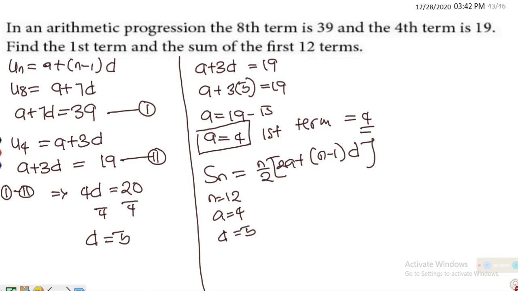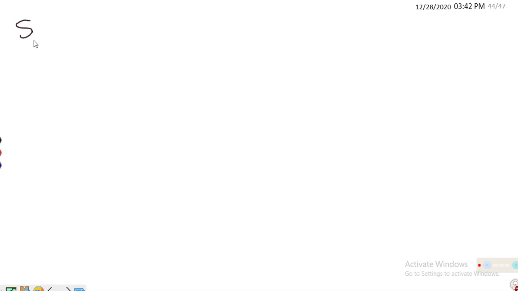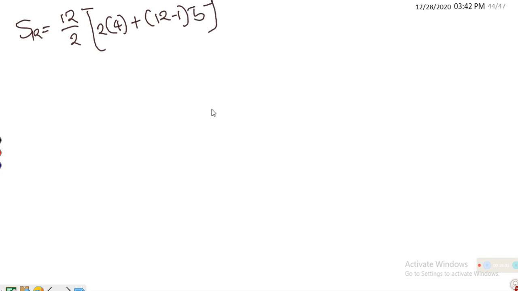So if you substitute all of this into the formula, we have S12 equals 12 all over 2 into bracket 2 times 4 plus (12 minus 1) d, which is 5.